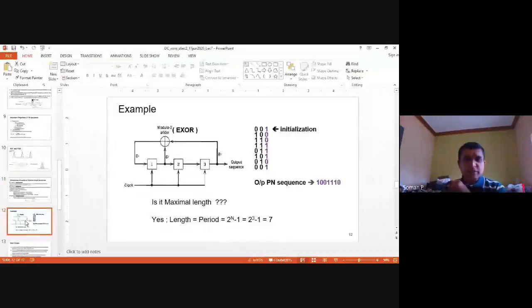Now let's take an example of a PN sequence. There may be a question in the exam where a polynomial is given, and you need to find out the PN sequence and see whether it is maximal length or not. So what is the polynomial equation here?